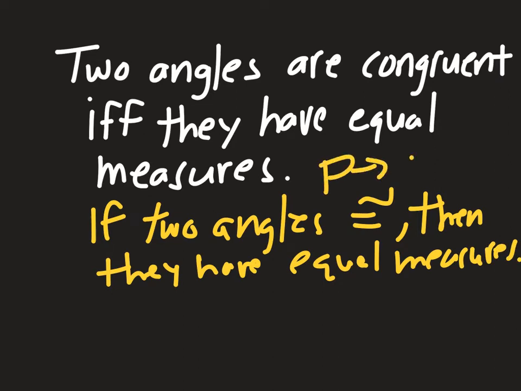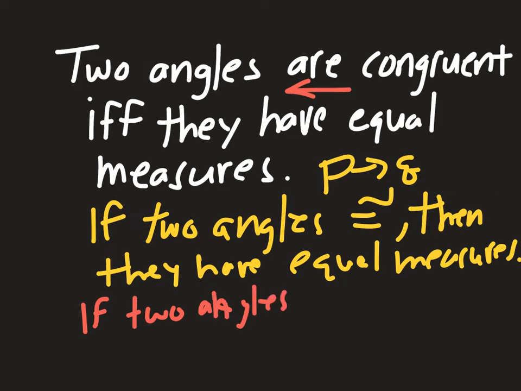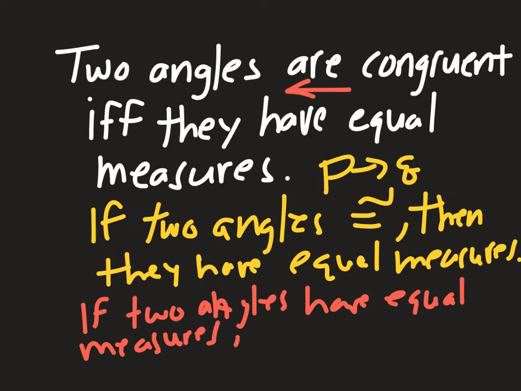That looks good. Now if we want to go backwards, the opposite direction, we're going to start with equal measures. So if two angles have equal, or the same, measures, then they are congruent.